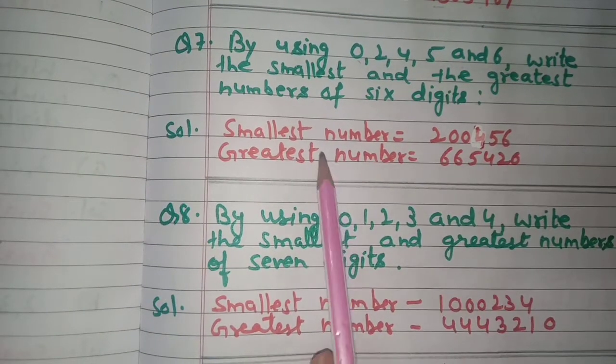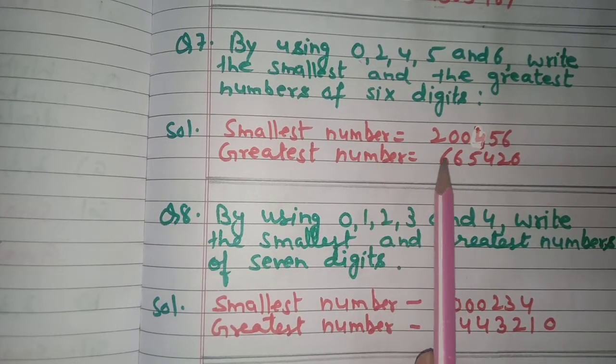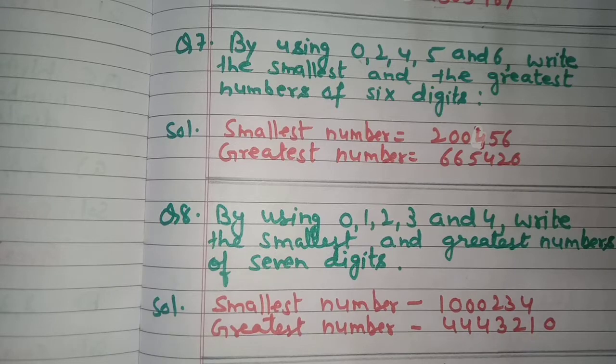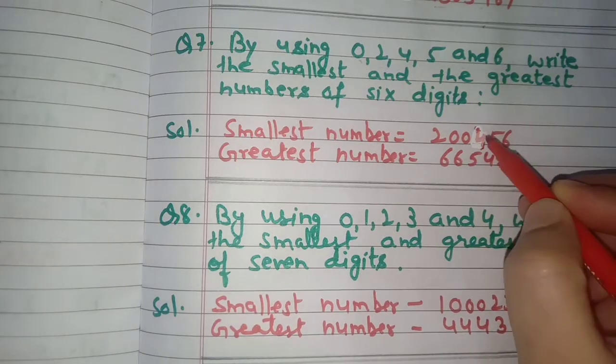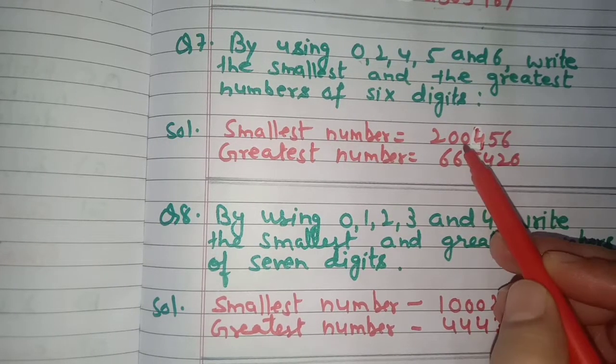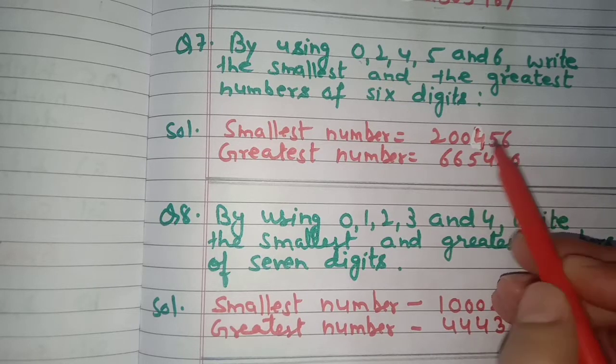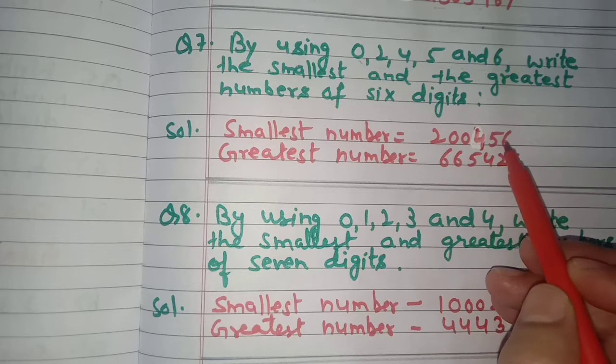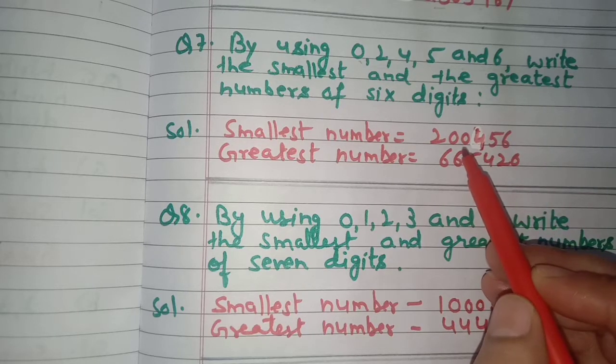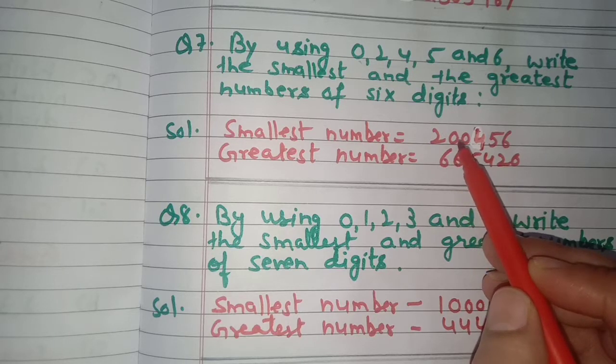For writing the smallest number, we have to arrange all these digits in ascending order. So first we will write 2, then we will repeat 0, writing 0 two times, then 4, 5 and 6, because we have to write the numbers in ascending order, but we can't start the number with 0. We have to start with the digit next to 0, greater than 0, fine.